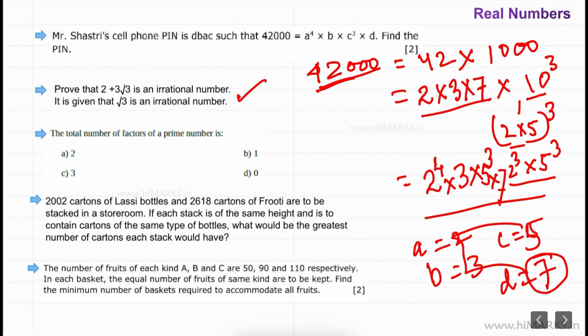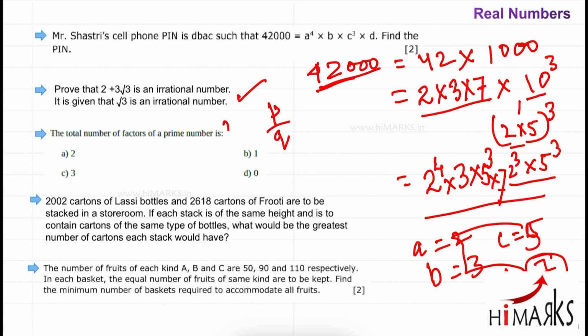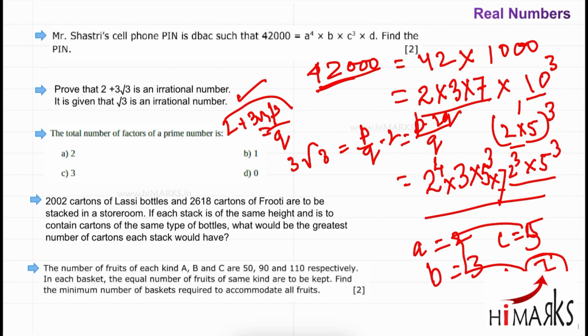This one we have already discussed. In the same way, if you write p by q, 2 plus 3 root 3 equals p by q. Next line, you take this 2 to this side, so 3 root 3 is p by q minus 2, that is p minus 2q by q.